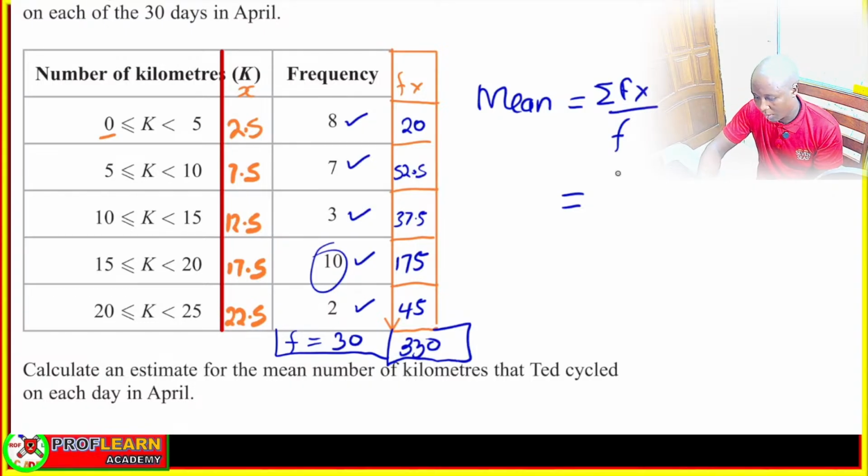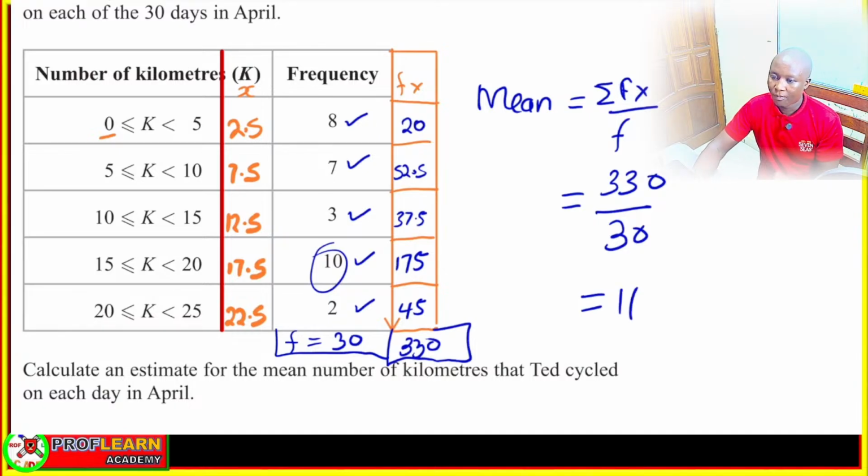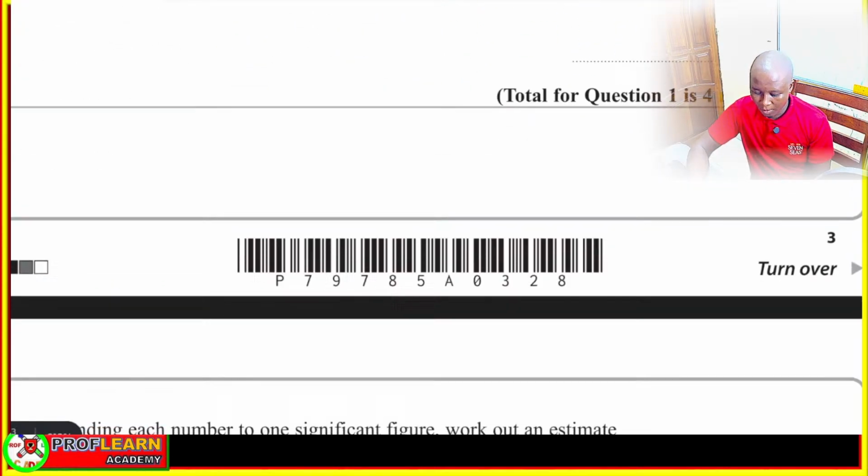So that's going to be 330. We divide by 30, and of course that's going to be 11. So the mean in this case is going to be 11. That's basically what you are supposed to do whenever you are asked to work out mean like that.